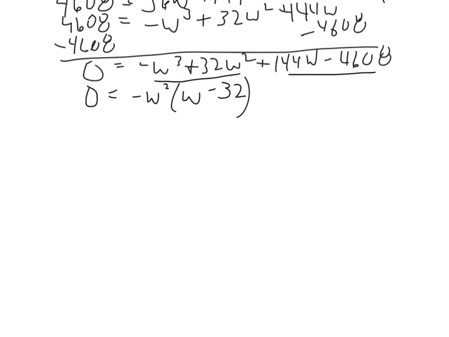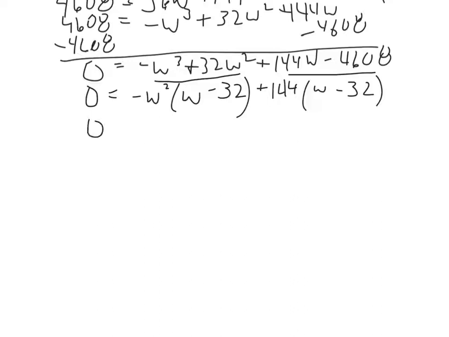On the second one, the numbers are a little bit harder to figure out, but basically 144 goes into 4,608, and if I take out the 144 from 144w, I get w on the inside, and it goes in 32 times, which works out perfectly in this case, because now I have that common binomial of w minus 32 and w minus 32.